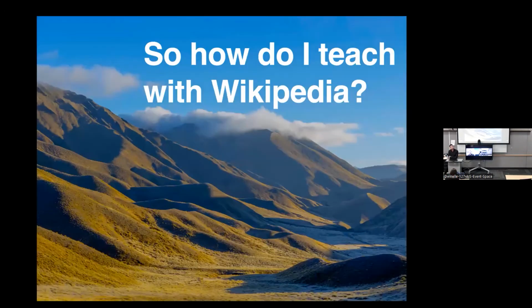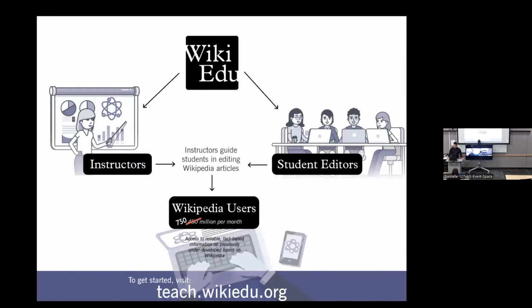So you might ask yourself, how do I teach with Wikipedia? We designed a little graphic to help you understand how the program works. At the top of the graphic is Wiki Education providing tools and resources for you and your students. In the middle, instructors guide their students in editing Wikipedia articles.